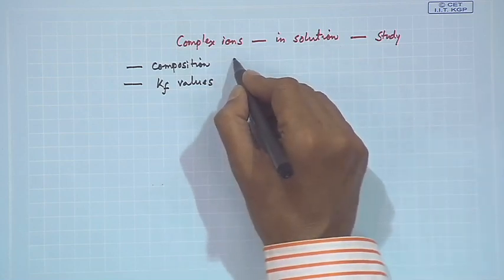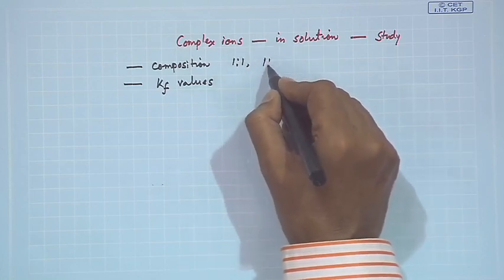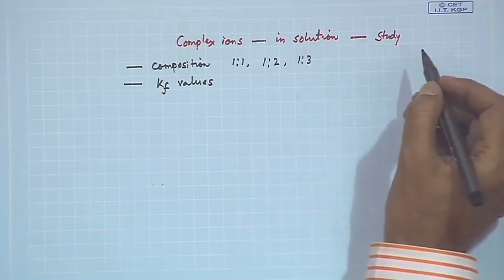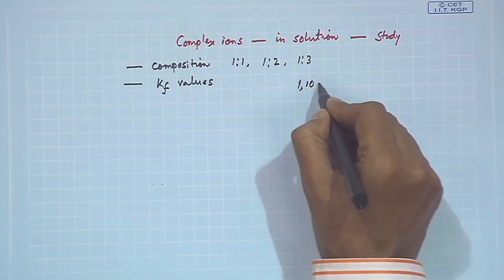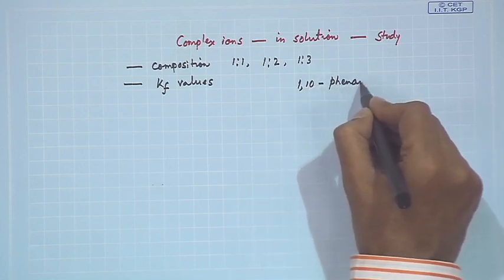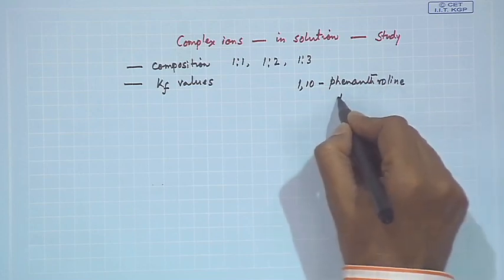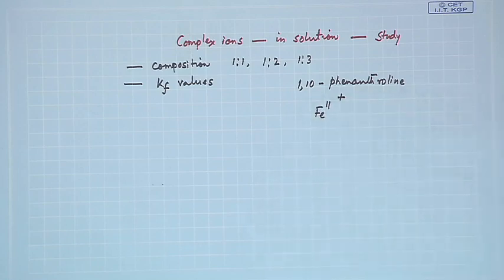So, composition means whether you are getting a 1:1 complex, a 1:2 complex or a 1:3 type of complex. One example of a ligand we all know is 1,10-phenanthroline, which can bind very nicely with ferrous ion.